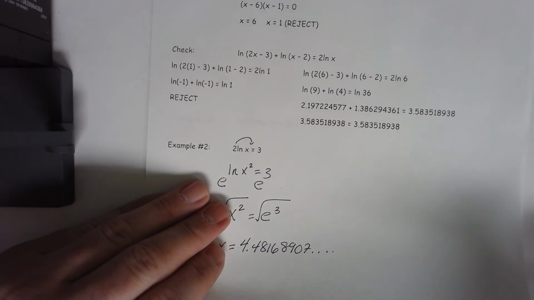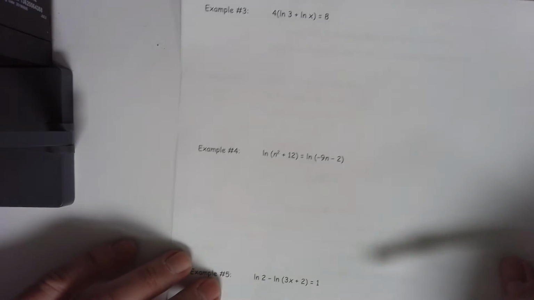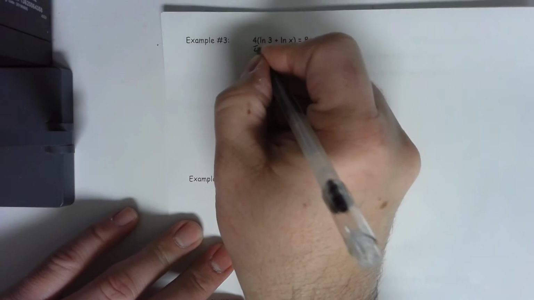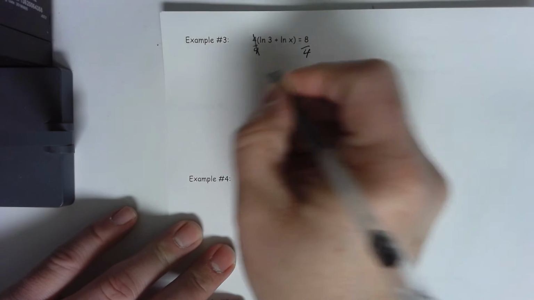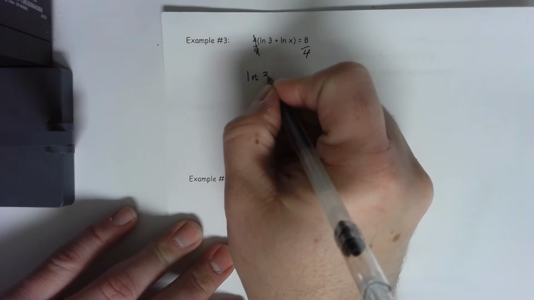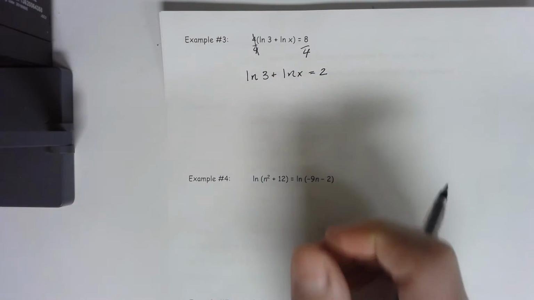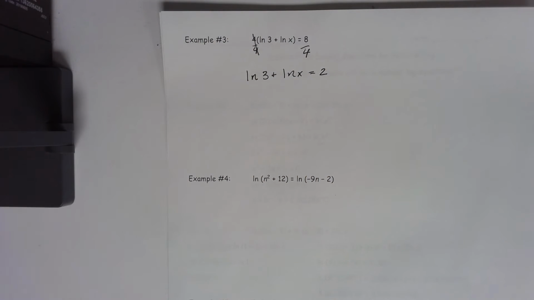Okay, if you look at the second page, you'll notice that this one is very similar, right? Now the first thing I would do is divide off by this 4, right? Why? Because now I have the ln of 3 plus the ln of x is equal to just 2. I don't have to try to raise that whole thing or change any powers.